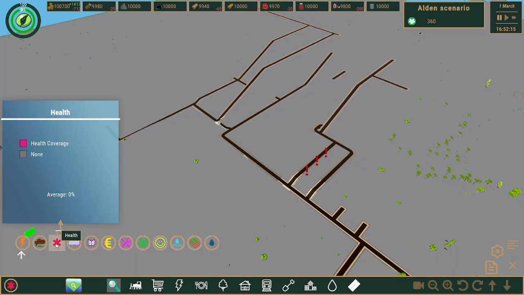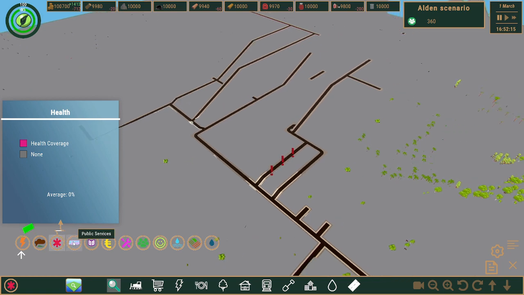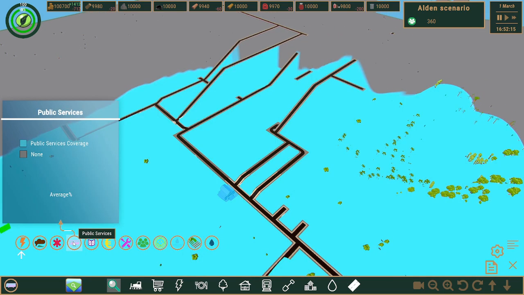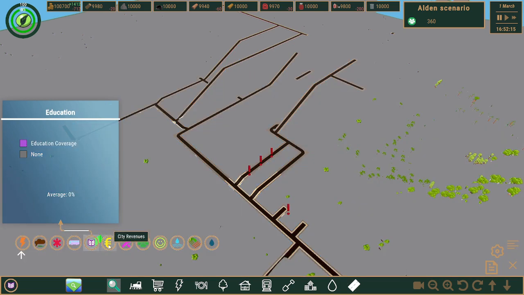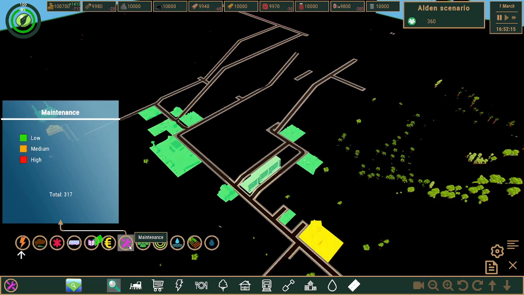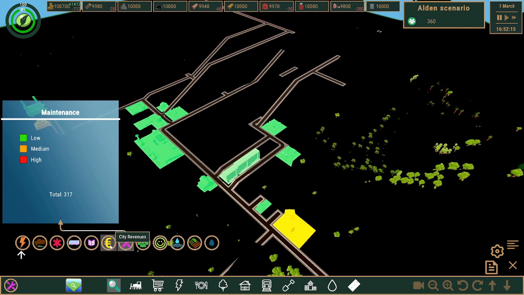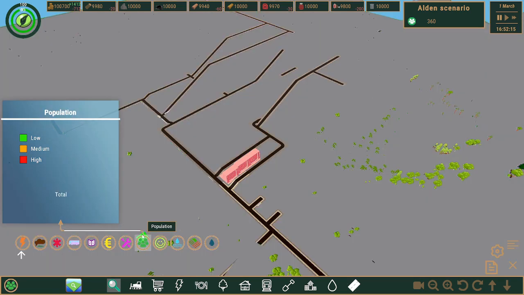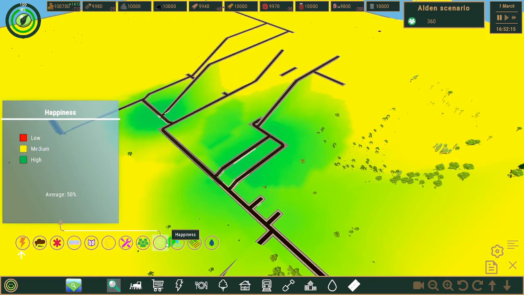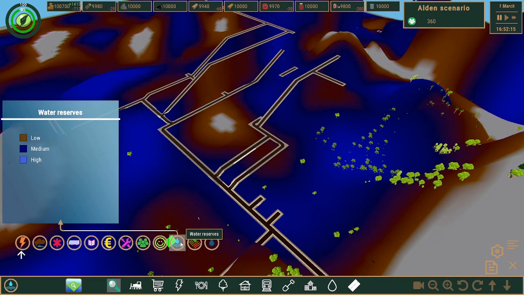You have an overlay showing you if any health building exists, an overlay about public services coverage, education coverage, city revenues, city maintenance to see where you gain money, where you're going to have to pay money every day in maintenance. You have an overlay showing you where the population is, the happiness levels, the water reserves.